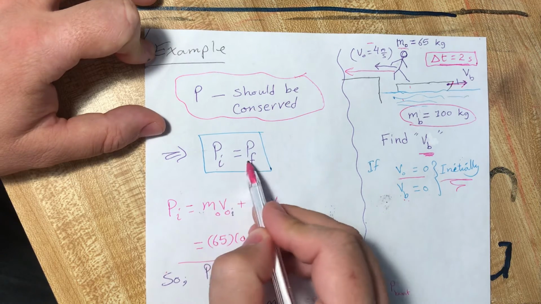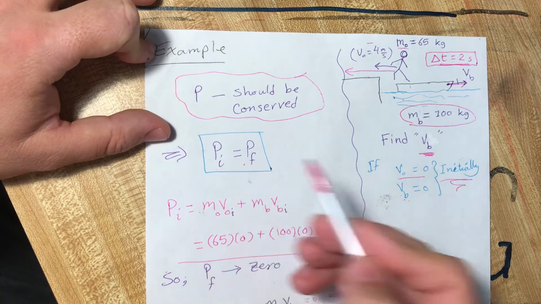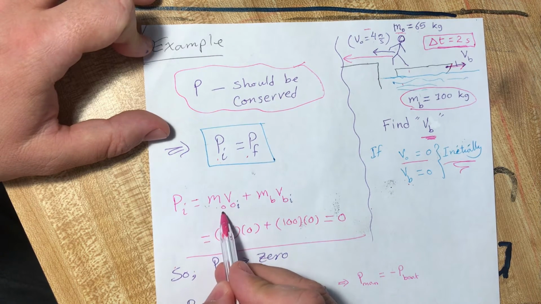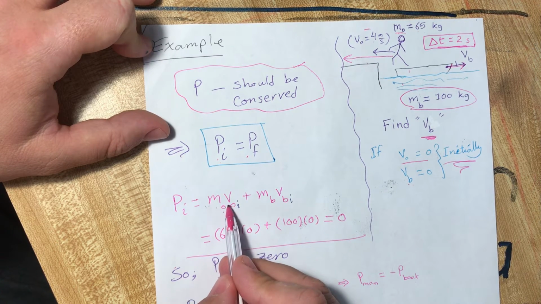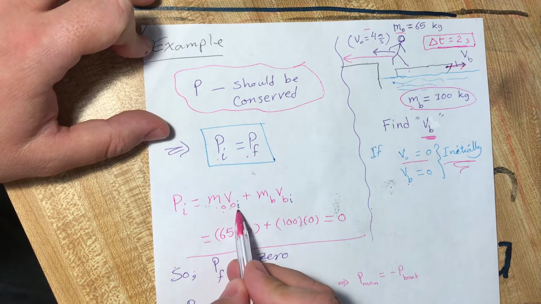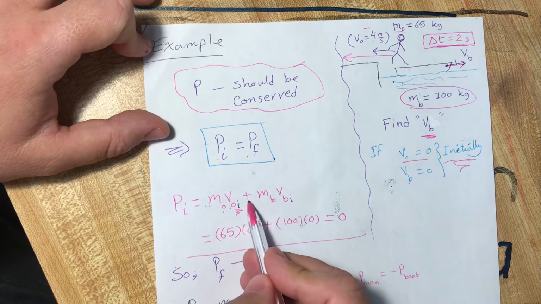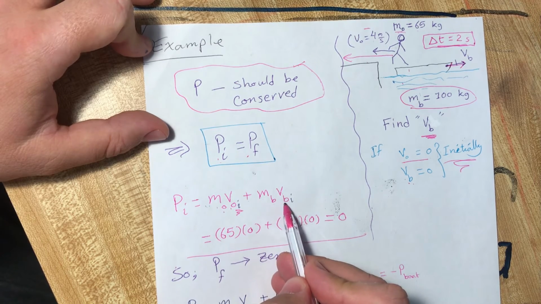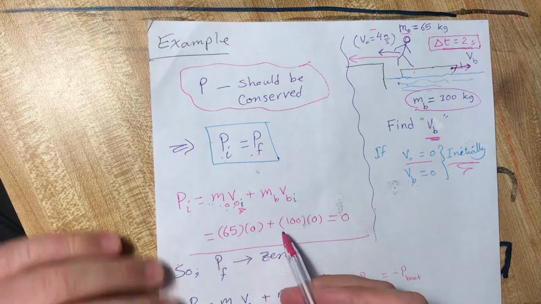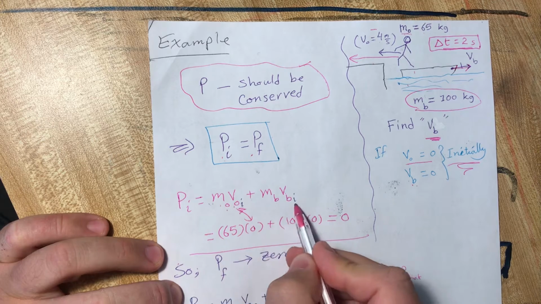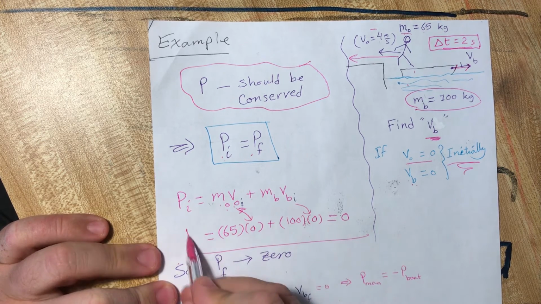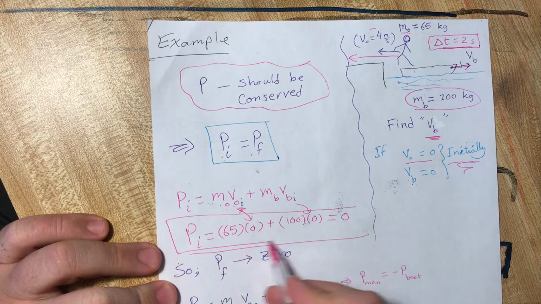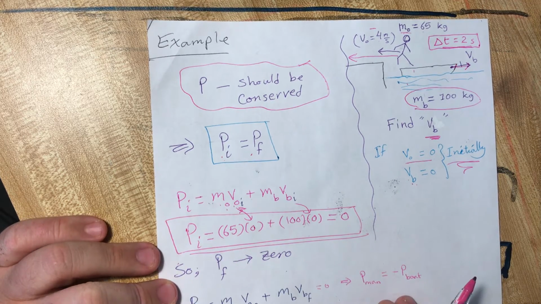That means P initial is equal to P final. How much is P initial? P initial is equal to the mass of the man, m naught, multiplied by his initial velocity, v naught, plus the mass of the boat multiplied by the boat's initial velocity. The velocities are zeros. Then the total momentum is zero initially.